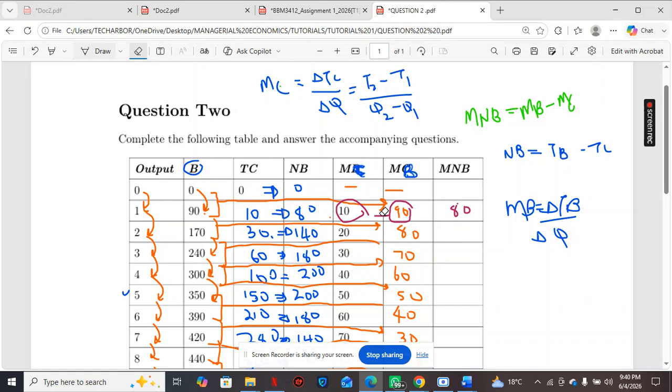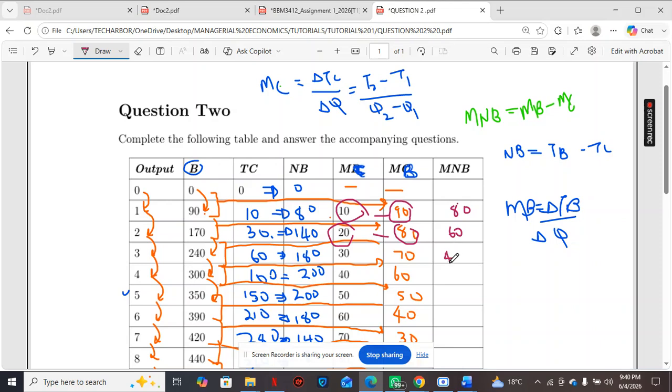Okay, then for our next unit, we're going to say 80 minus 20, that gives us 60. Then here 70 minus 30, that will give us 40. Okay, we're using this formula.